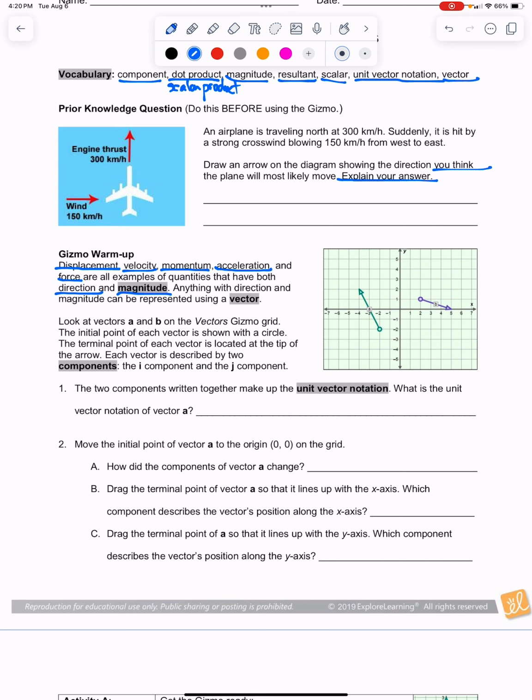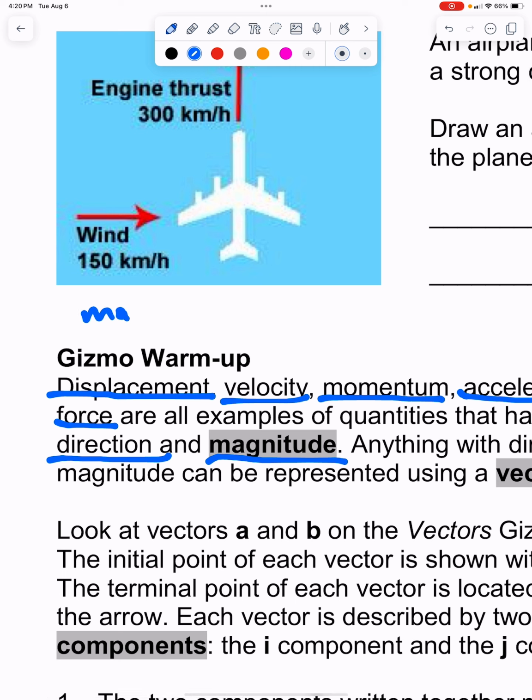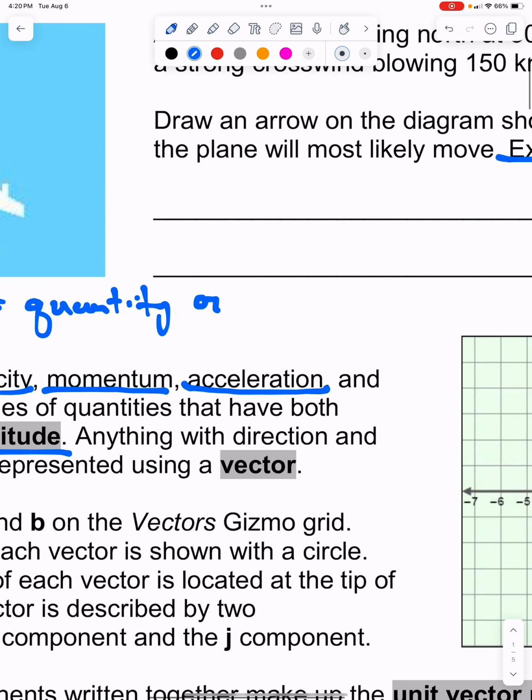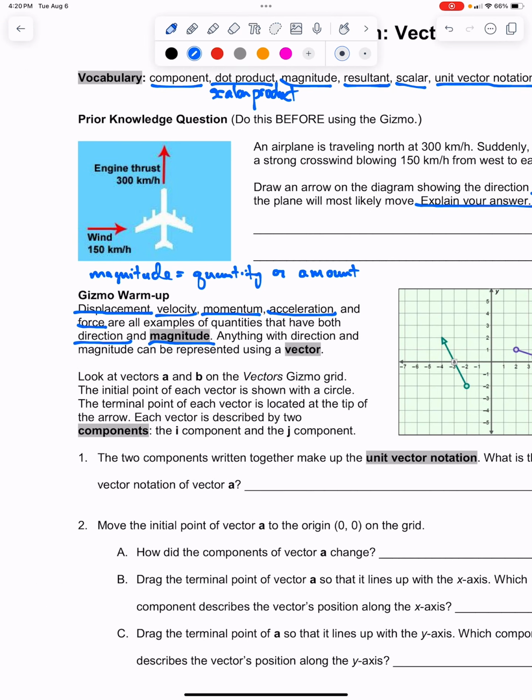Magnitude is the amount of something. So let's make a note of that. The word magnitude means quantity or amount. Anything with direction and magnitude is represented as a vector.